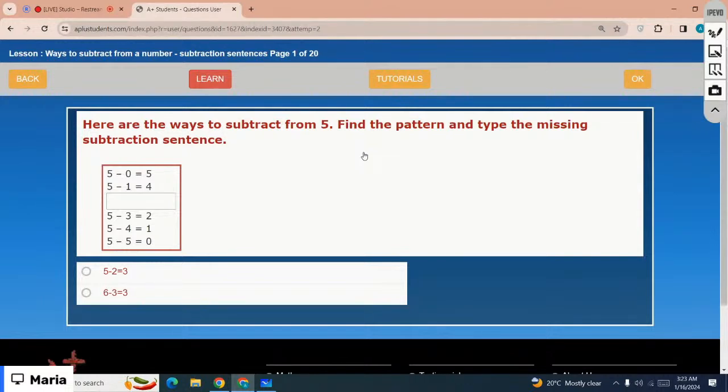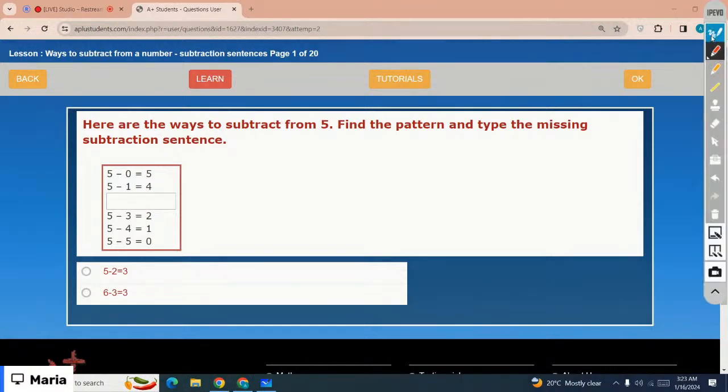So just start with the first row. The first row is 5, right? Because you're subtracting from 5. So here you have 5, right? Now just look at this one: 0, 1, 3, 4, 5, right?